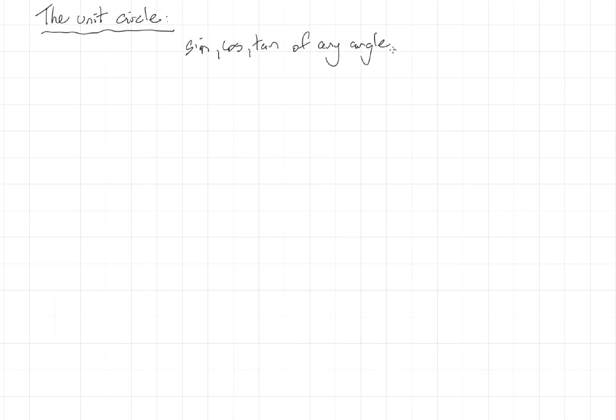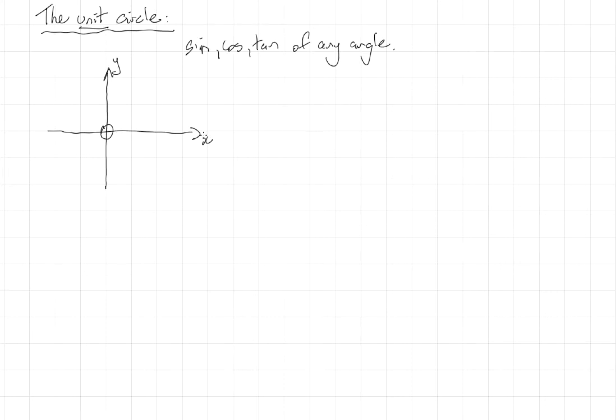Okay, so we have this thing called the unit circle. The unit circle, because of the word unit, means it's got a radius of 1. So the xy plane is what we call the Cartesian plane. O is the origin. The origin is where the x-axis and the y-axis intersect.